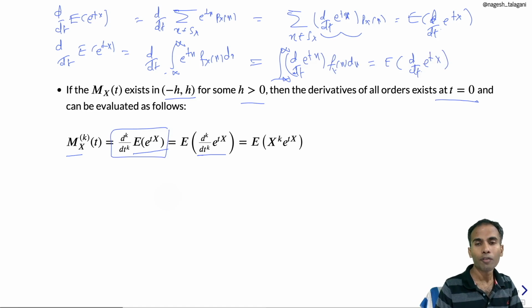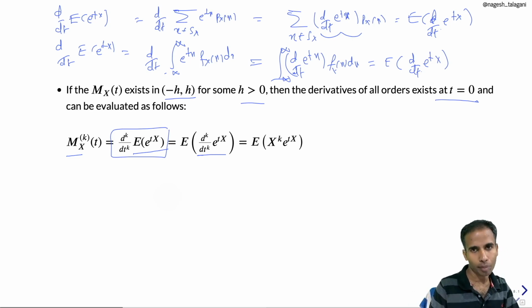If you want to differentiate expectation e power tx k times with respect to t, you can do the differentiation inside the expectation. That is, the kth derivative of expectation e power tx with respect to t is going to be the expectation of the kth derivative of e power tx with respect to t. Now this derivative is going to be x to the power of k e power tx.